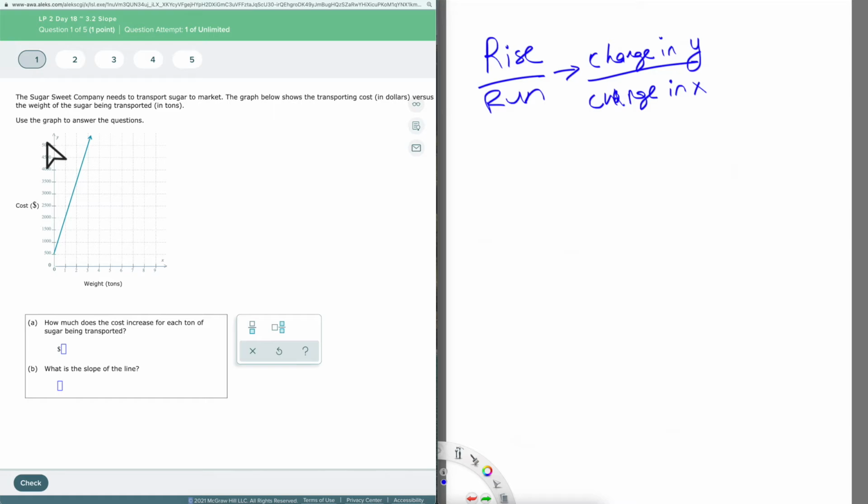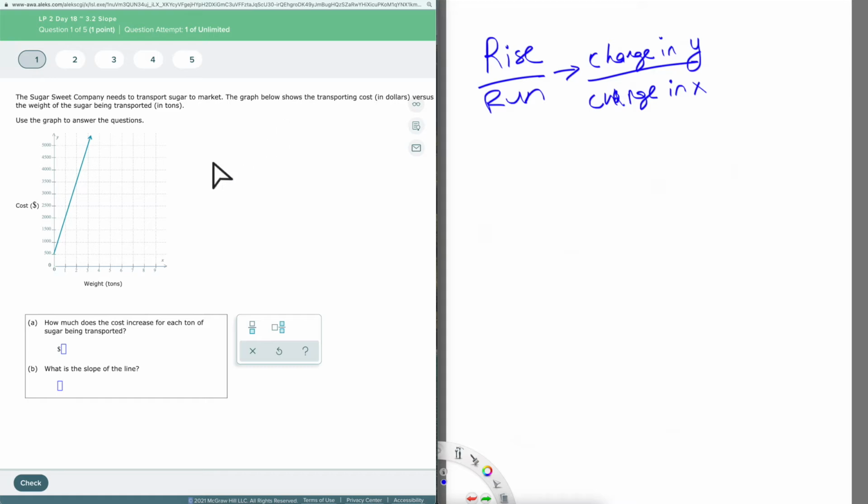So as we send more sugar to market, it's going to cost us more, right? The less we send, the less the cost is going to be. So it just depends. We also have a starting point here. Just like we've been doing in a lot of our other weeks, we've been focusing on slope-intercept for quite a while, and we've been building up to it for a while before that. So this is definitely not something new to us at this point.